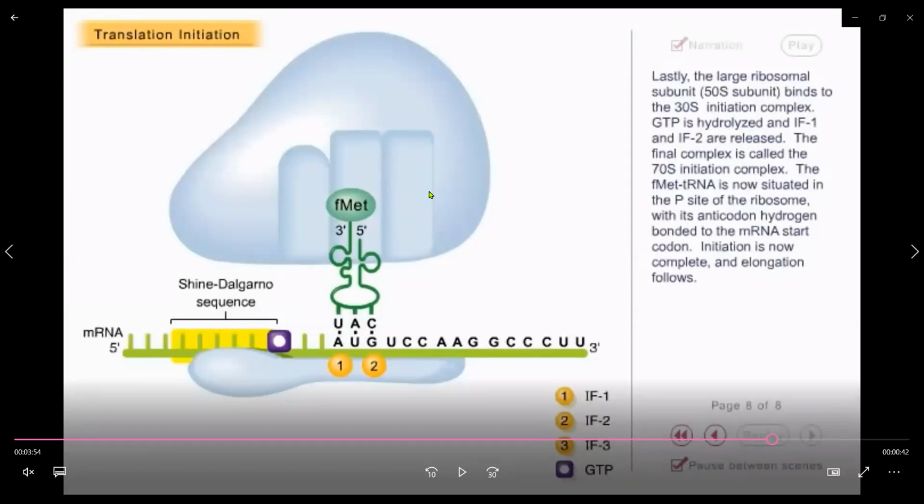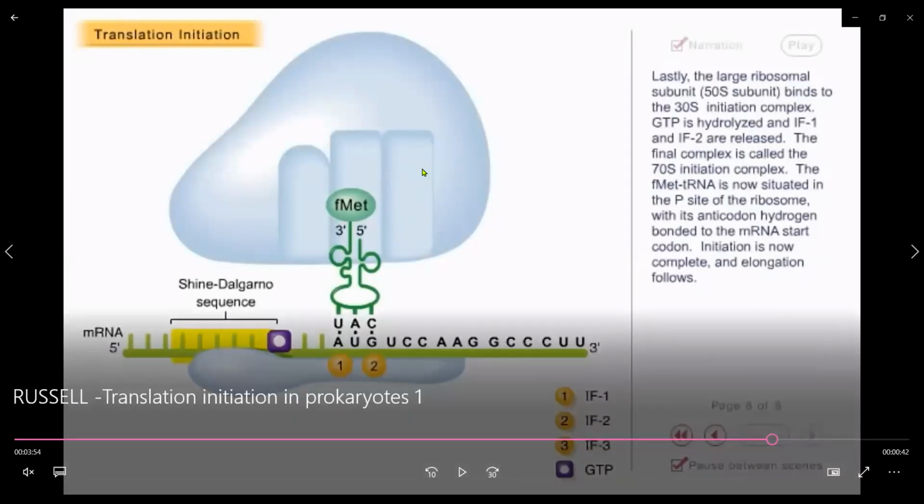Also, when I start the animation, note that there are 3 pockets in the ribosome as discussed earlier: a P site, an A site, and an E site. Remember that the initiator tRNA is situated at the P site when the 50S ribosome binds with the 30S ribosome. So let's go over the animation.